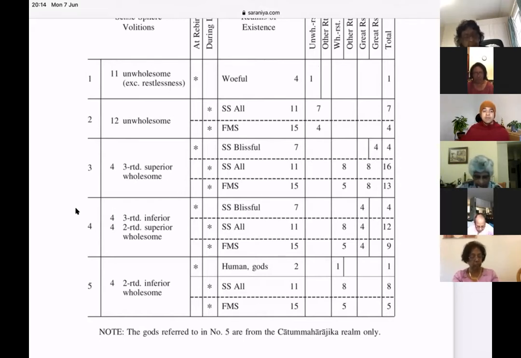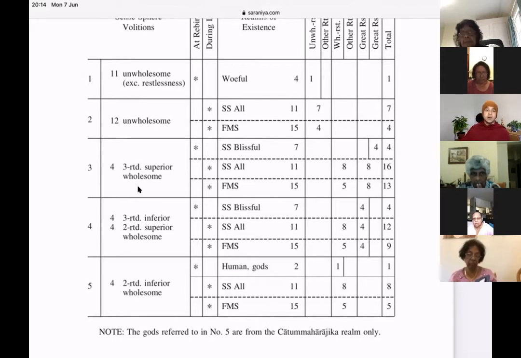So number 4, category 4, right? Now we know where these 4 come from. It's 2 different sets, 3 rooted inferior and 2 rooted superior wholesome, right? Can you see my mouse moving?